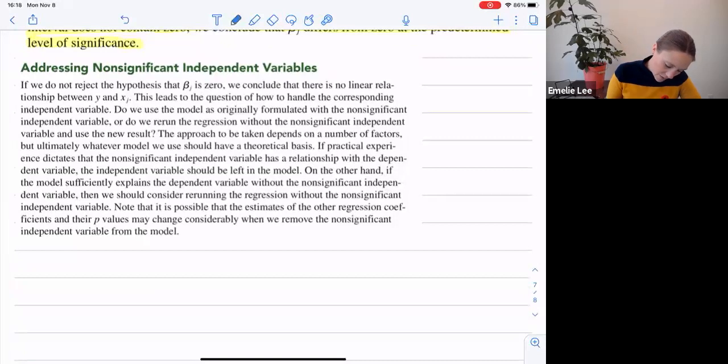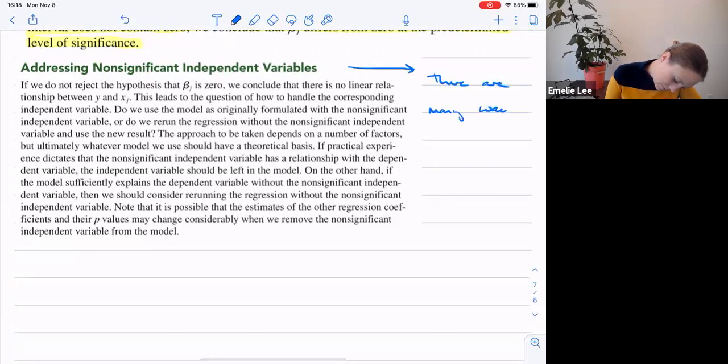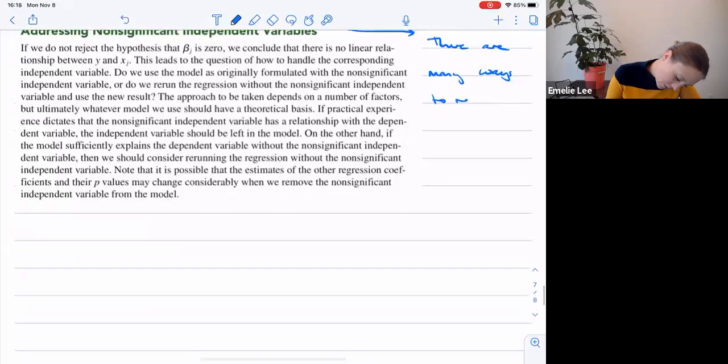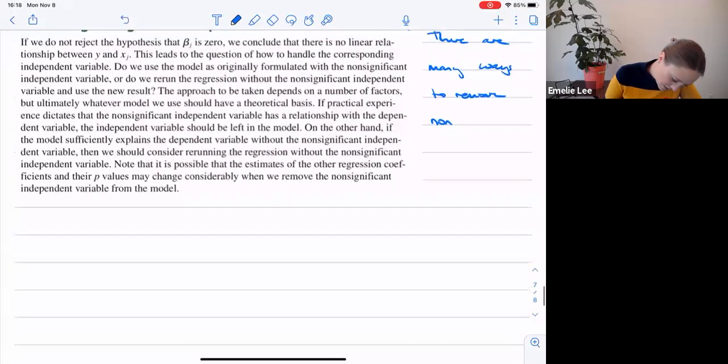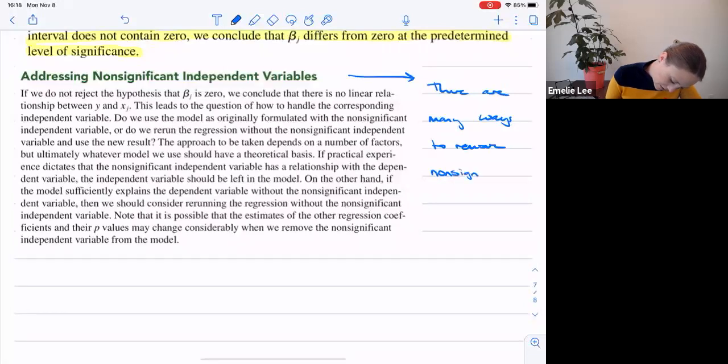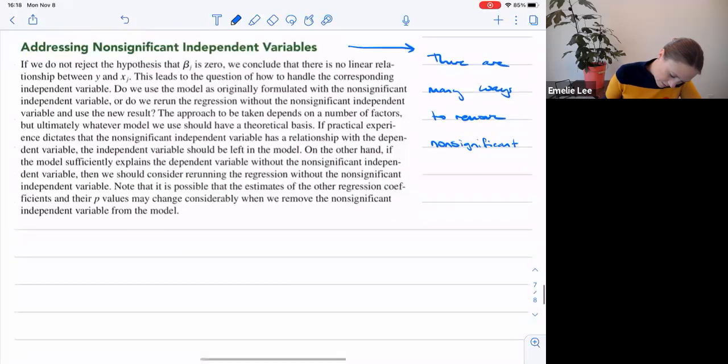Okay. There are many ways to remove non-significant, I don't want to say insignificant, non-significant independent variables from the model.